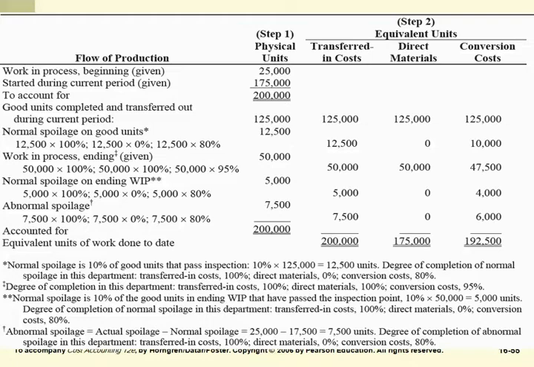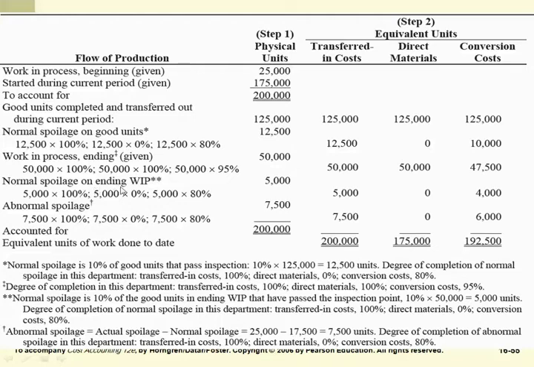Normal spoilage percentage is 10% of good units, so normal spoilage on good units equals 10% multiplied by 125,000, equals 12,500 units. Work in process ending given is 50,000 units.